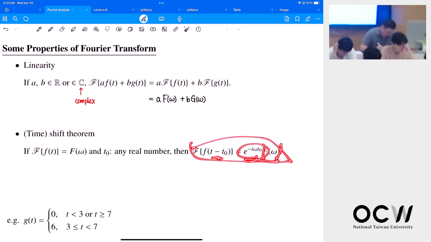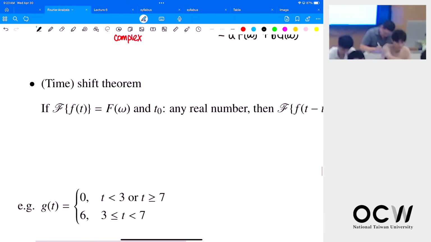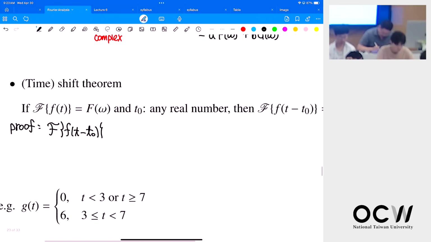To take the shift, you have f of t minus t naught, e to the minus i omega t, dt.